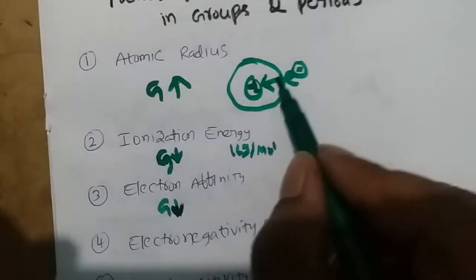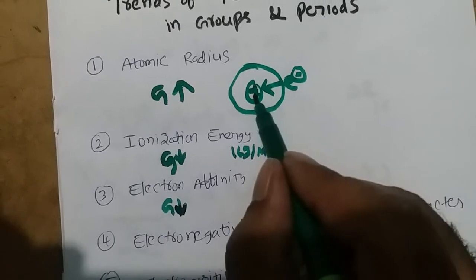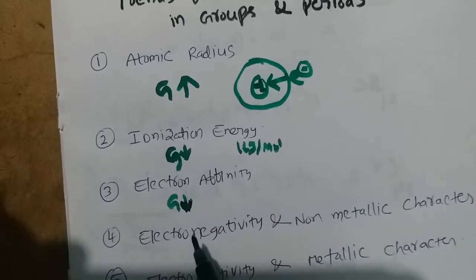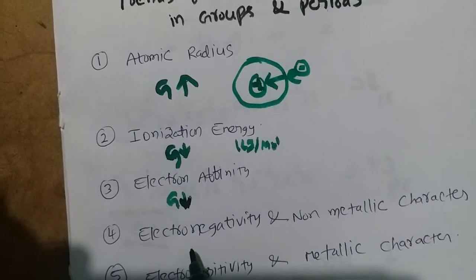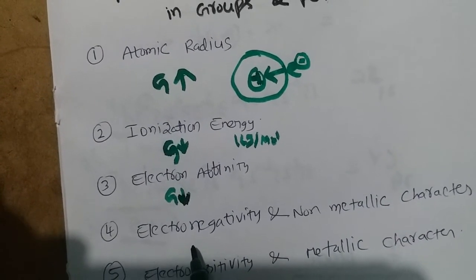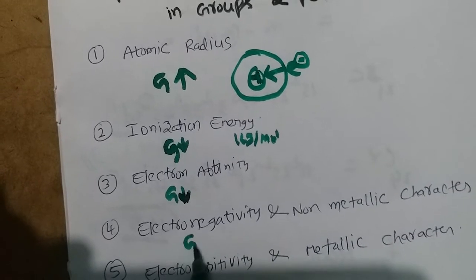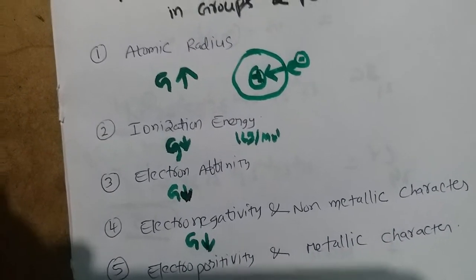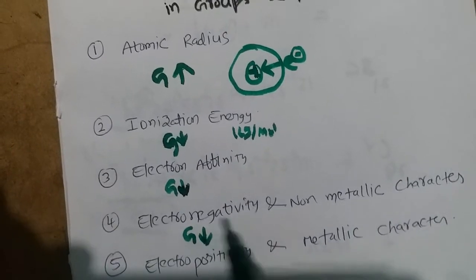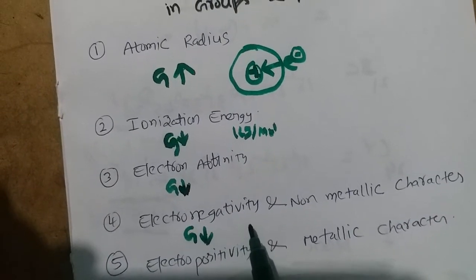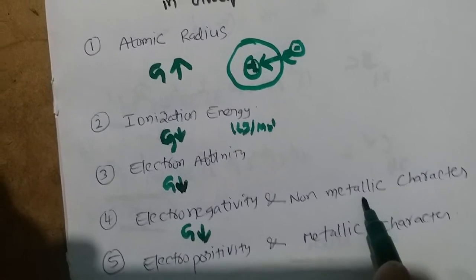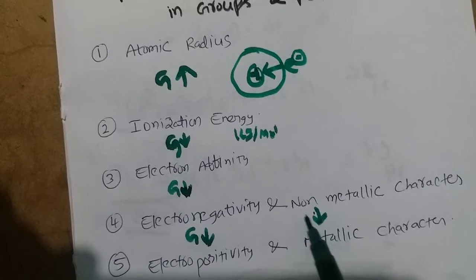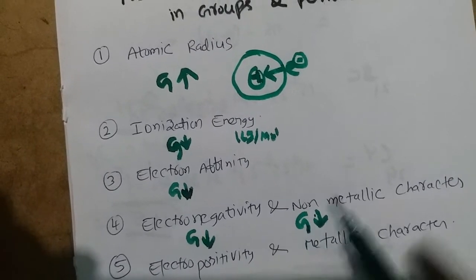Because atomic size increases from top to bottom in a group, so the nuclear attraction force to gain electrons decreases. The gaining ability of electrons is called electronegativity. Electronegativity is decreased, and since gaining ability of electrons is the characteristic property of non-metallic elements, non-metallic character also decreases in groups.